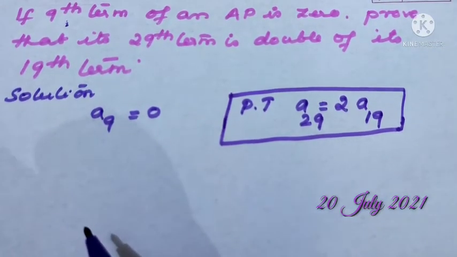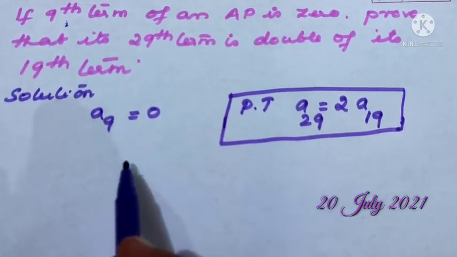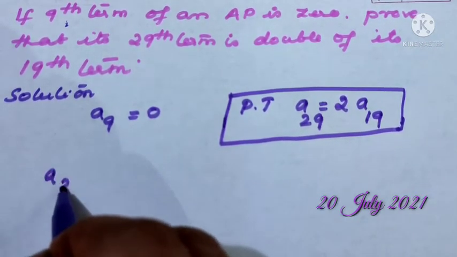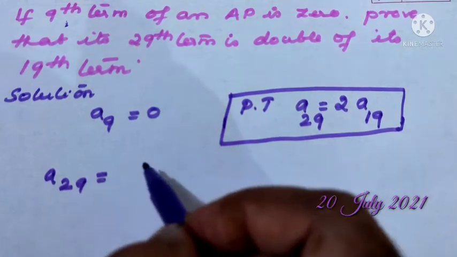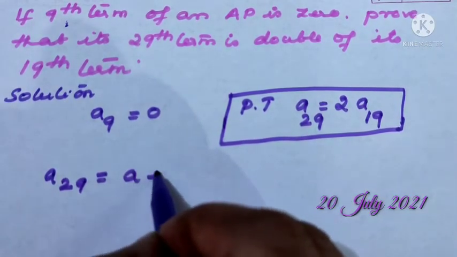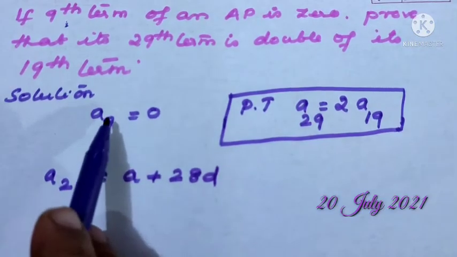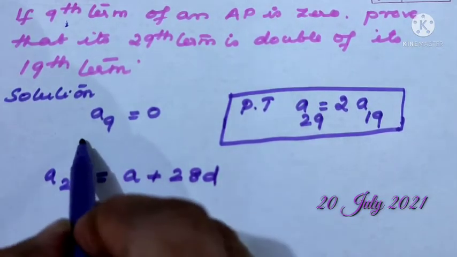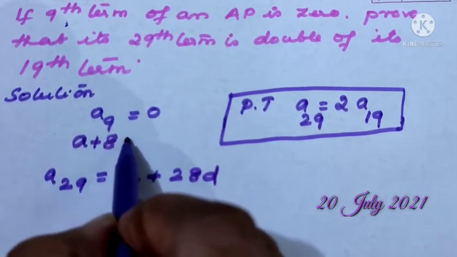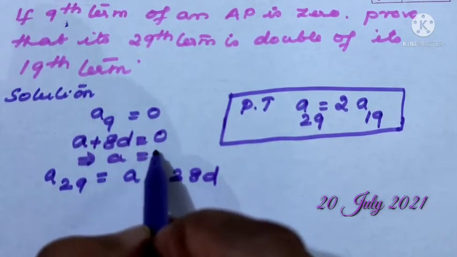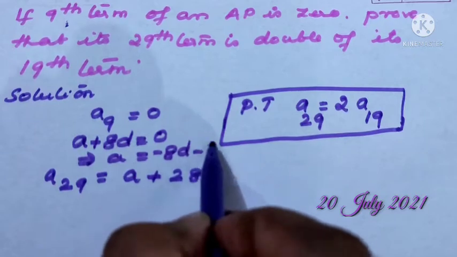Now we will start with the A29 only. So A29 means A plus 28D, right? And it is given that A9 is 0. So A plus 8D equal to 0, implies A equal to minus 8D, the first equation, right?